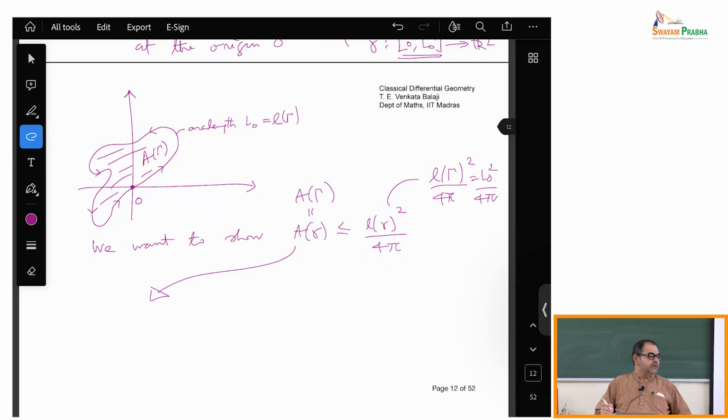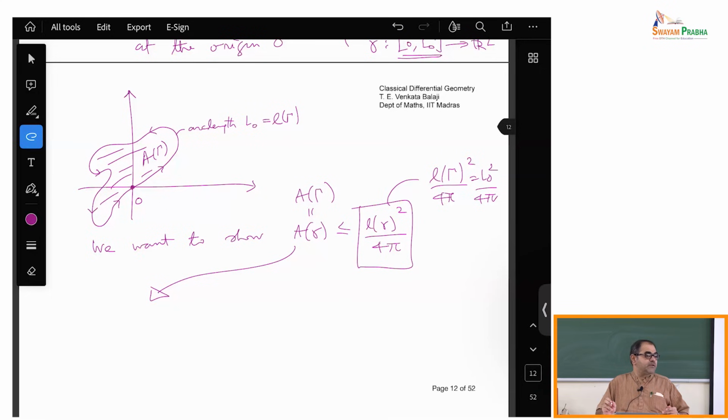I have put that L naught because the idea is that you want to think of various gammas for which the arc length is the same L naught, and then you are trying to look at the various areas, and you are trying to say that all these areas are bounded by this L naught squared by 4 pi, which is the area of the circle case, for the circle being the curve with the same perimeter L naught.